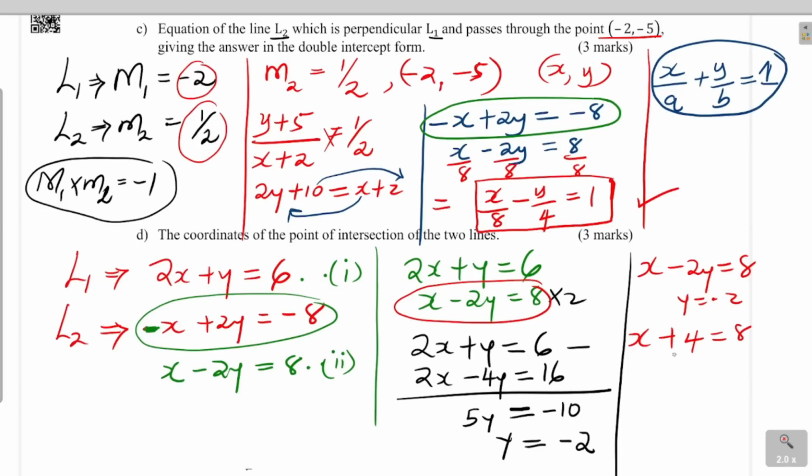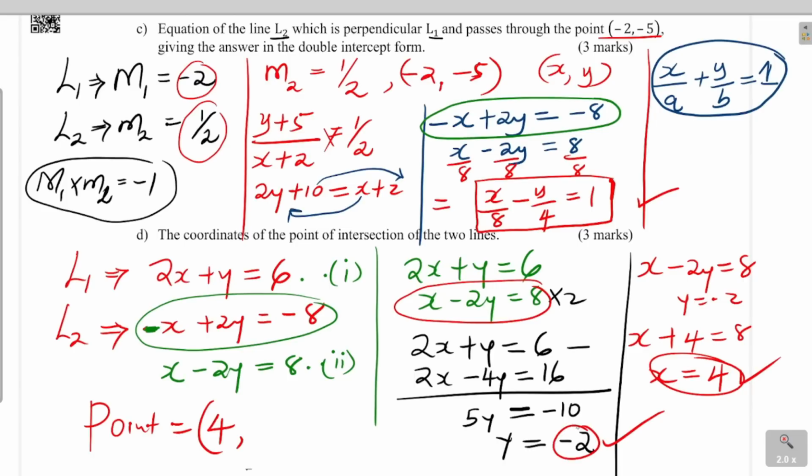So x is equals to 4. So therefore you have the value of x and y. So now the point of intersection, you get it by x is 4, and y is negative 2, like that.